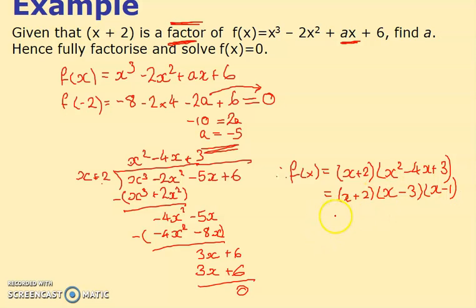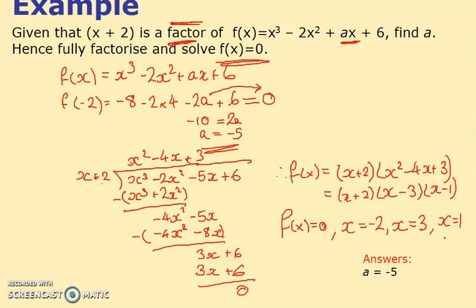And having got to this stage, I can therefore say, solve f of x equals 0. So when f of x equals 0, x equals, and now I just change all the signs, x equals minus 2, x equals 3, and x equals 1. There's minus 5, we got that, minus 2, 1 and 3, yes, same thing.